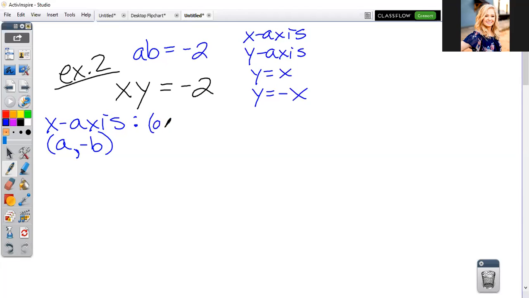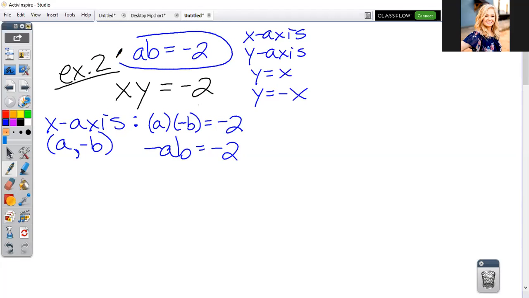That's a times negative b equals -2. Simplify. What is a times negative b? Negative ab equals -2. And I compare that to my original up there when I plugged in just regular a and b. Are those the same? No, so it's not symmetric to the x-axis. You'll have to remember what you plug in.